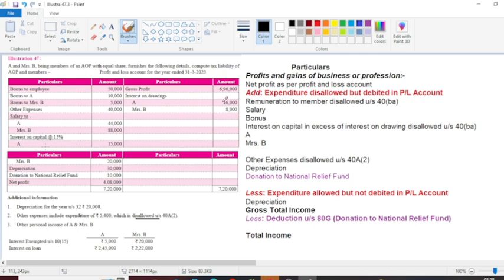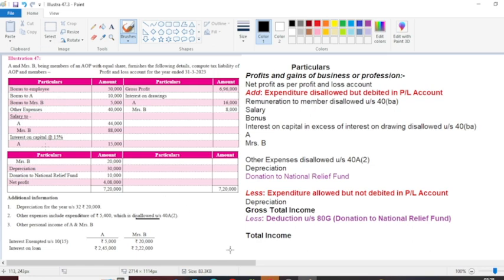Subtracting 15,000 from 16,000 leaves 1,000, which is income to the AOP, so there is no need to add it back to the net profit.